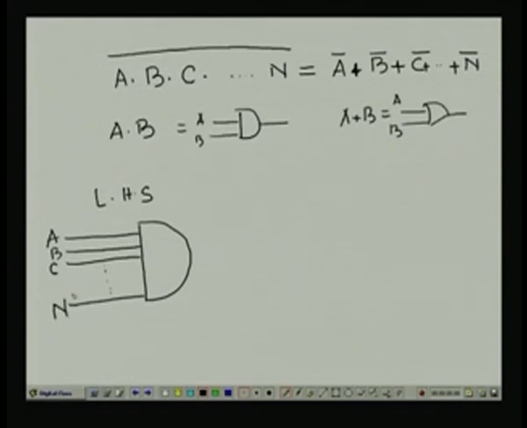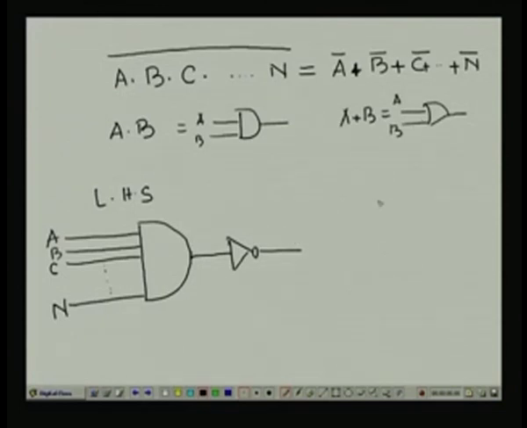So, this is an n input AND gate. Then the output is inverted, so I put one inverter here. So, this is the logic circuit of the Boolean expression represented by the left hand side.